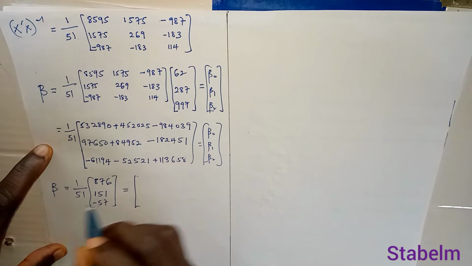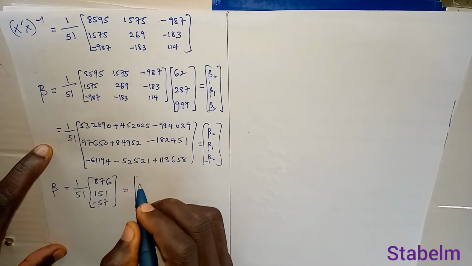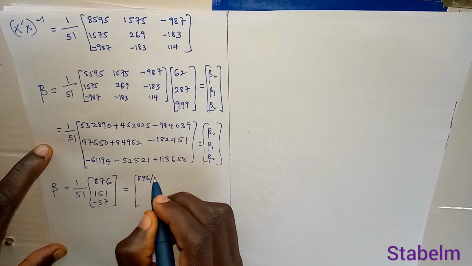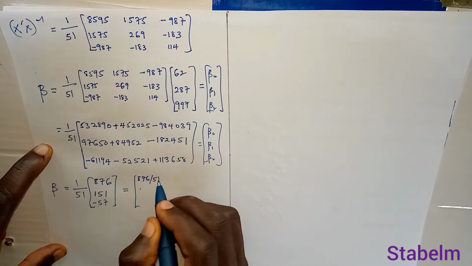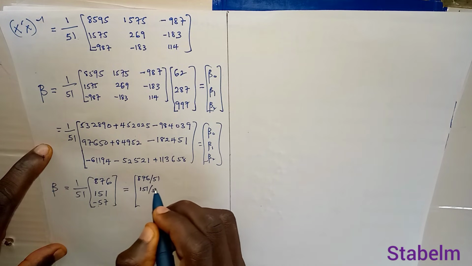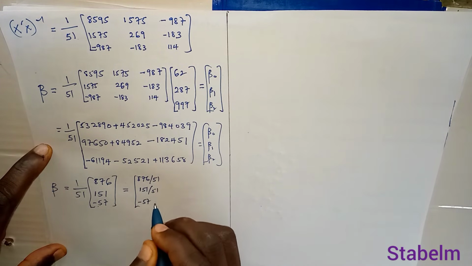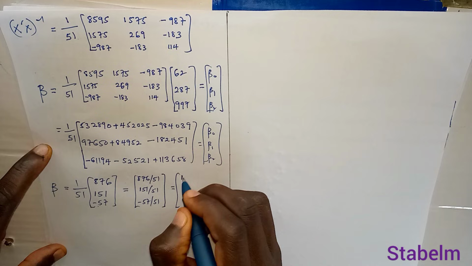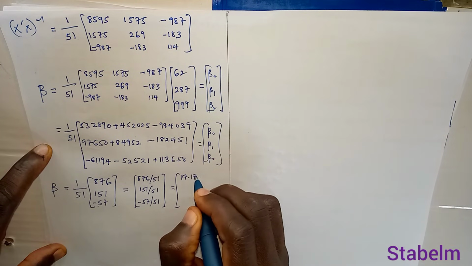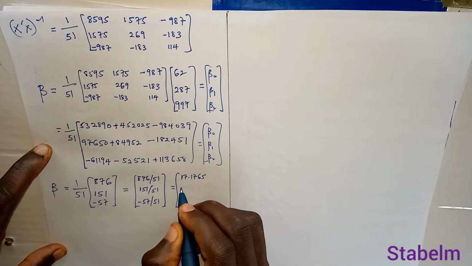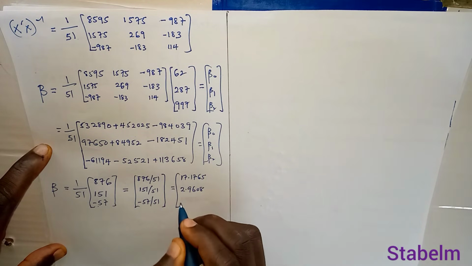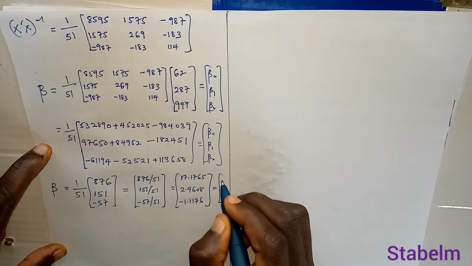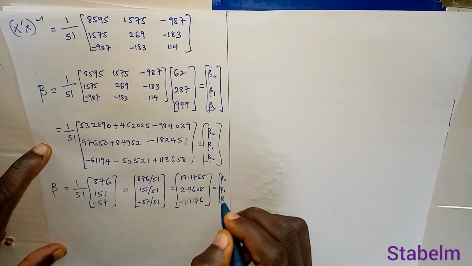So approximately this is going to be 876 over 51, 151 divided by 51, minus 57 divided by 51, and this approximately will give us 17.1765, 2.9608, minus 1.1176, and this is our beta naught, beta 1, beta 2.